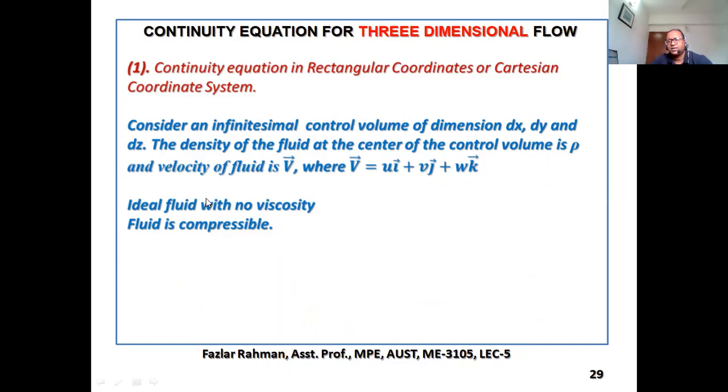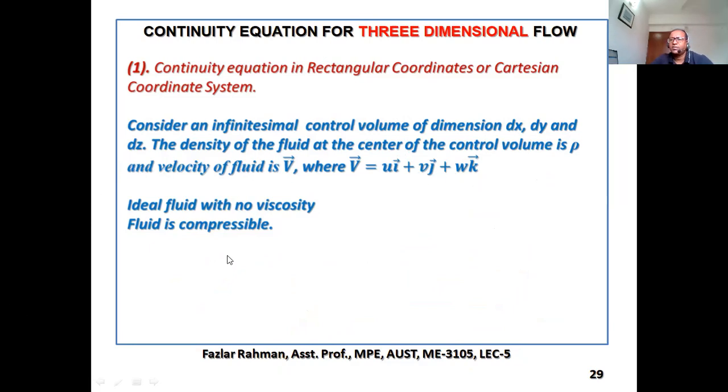Okay, so let's derive that equation. Before that, we have to write some assumptions. Consider an infinitesimally small control volume of dimensions dx, dy, dz. The density of the fluid at the center of the control volume is rho, and the velocity of the fluid is V. V is a vector; it has three components.